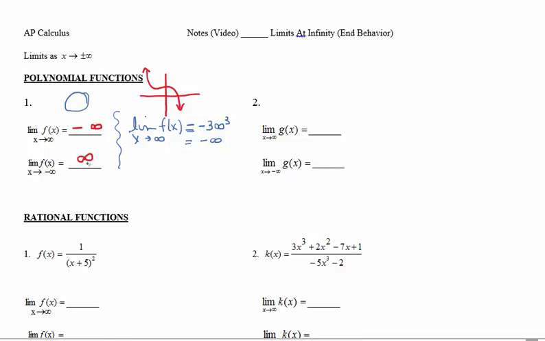So prior to calculus, you would have had to remember what the graph looks like to discuss the end behavior. But in calculus with limit statements, capture the leading term and insert infinity there, and you're good to go.